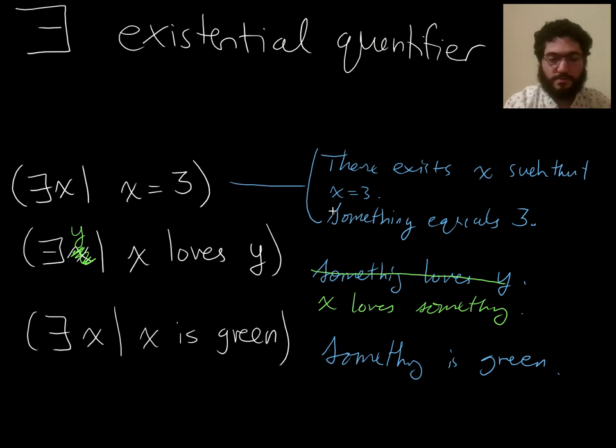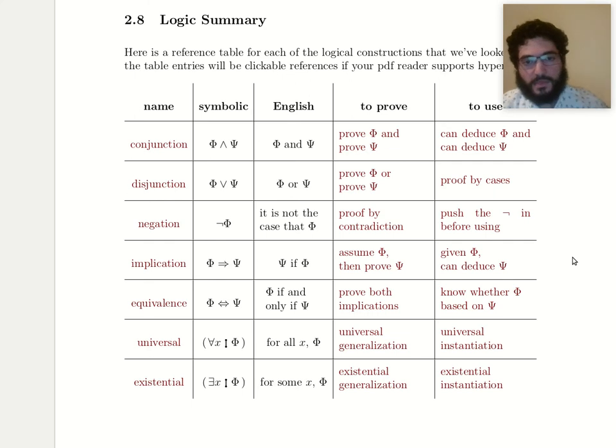How do you use them? Right now, you have no way of using them in proofs. They're just ways of writing down propositions, and there's nothing really that you can do with them. Unlike these other first 5 over here, where you have ways of proving and using them in your arguments. Well, here are the ways of proving and using quantified propositions. So there are these 4 boxes here. And that's what we're going to go over for the rest of the lecture.